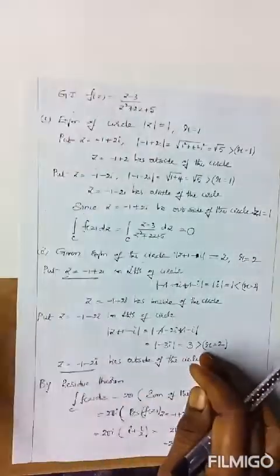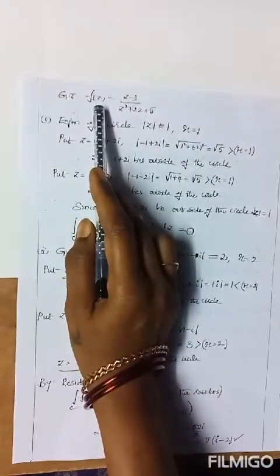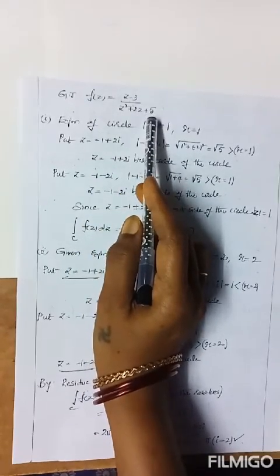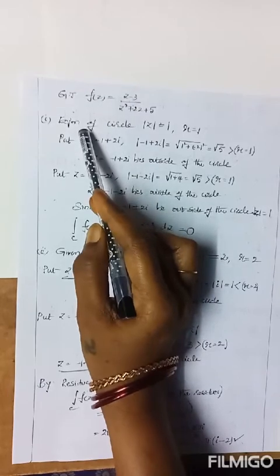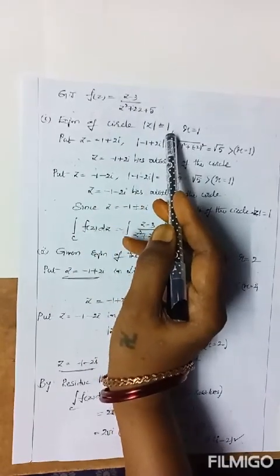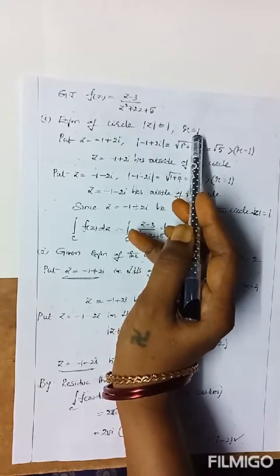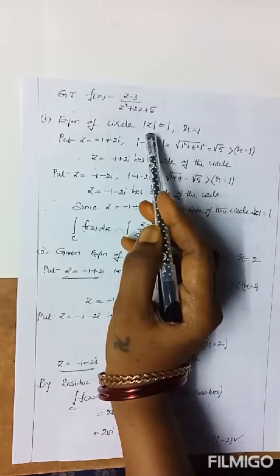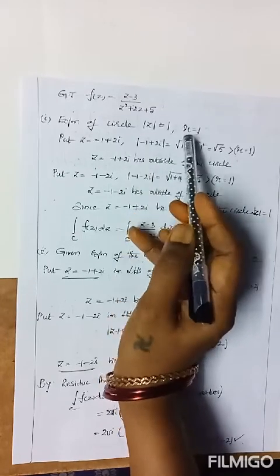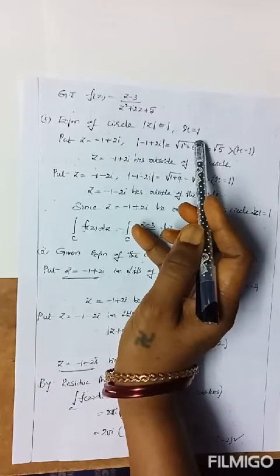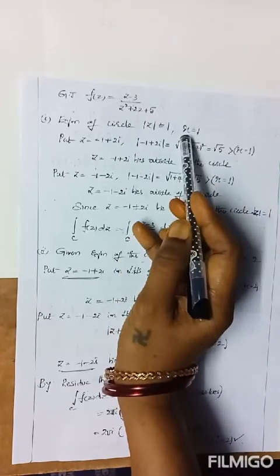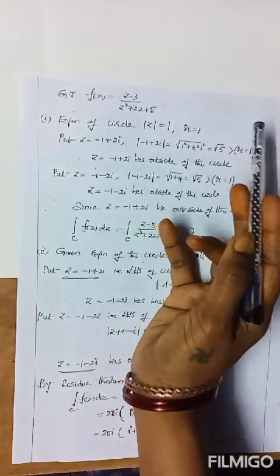First write the function name f of z equal to the given function (z minus 3) by (z square plus 2z plus 5). Now consider the first circle equation, modulus of z equal to 1, where the radius equals 1. Now substitute our poles in this circle. If any point's value is less than the radius, that point lies inside the circle. If any point's value is greater than the radius, then that point lies outside the circle.